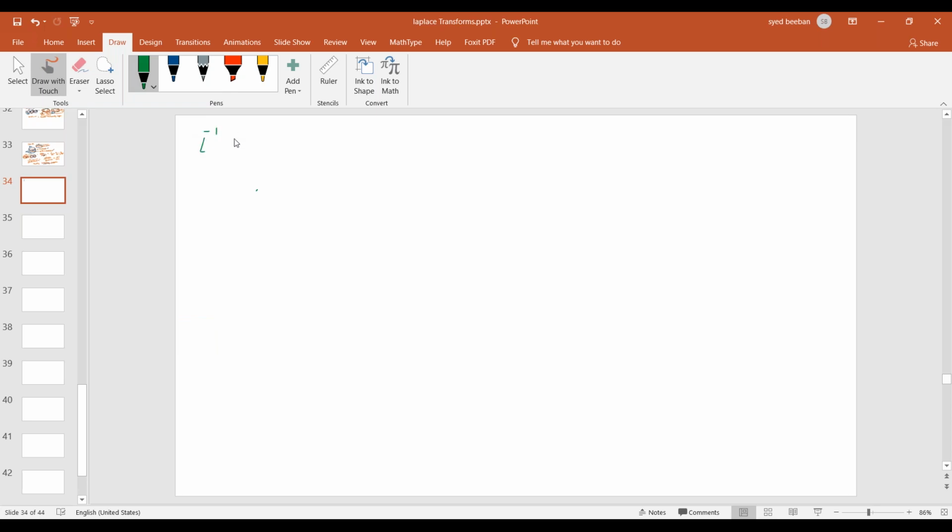L inverse of s by s minus 4 whole power 5. If I'm not wrong, this is given, I think.